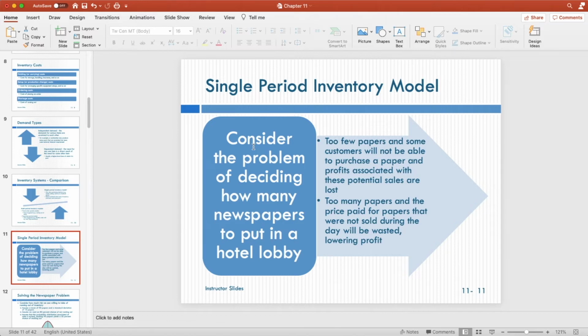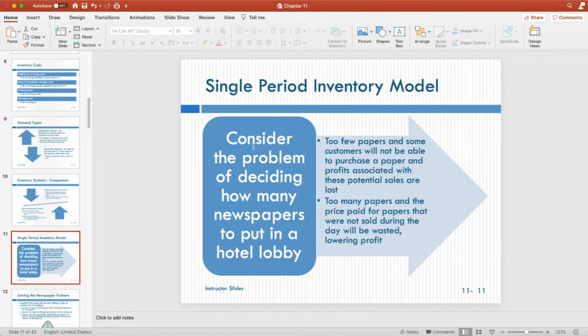But here is the issue. You can imagine that at 4 a.m., you cannot fully predict how many customers in your hotel will buy today's newspaper.